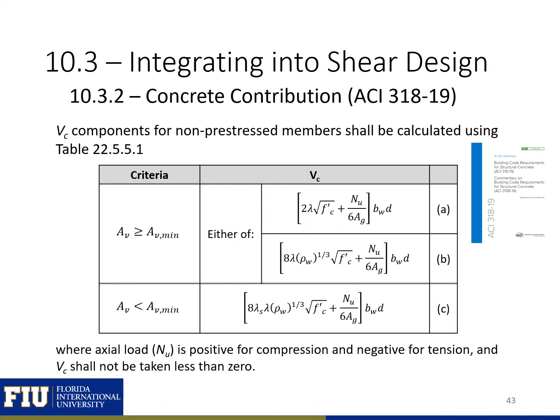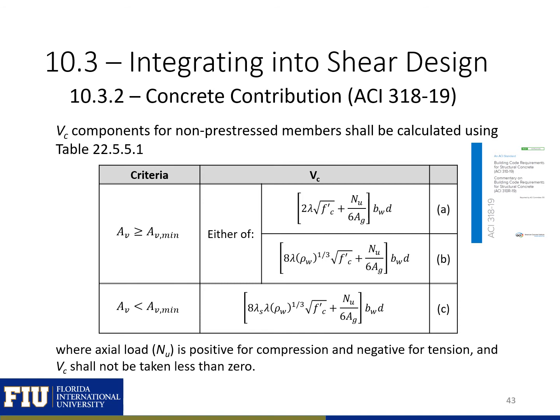The concrete contribution of our shear design, our Vc, for non-prestressed members can be calculated using the equations found in this table. If you have minimum shear reinforcement, then you can calculate Vc using either of these 2 equations, A or B. If you don't have minimum shear reinforcement, then you need to use the equation shown in C. Note that in these equations, Nu is our applied axial load, and it's positive for compression and negative for tension.